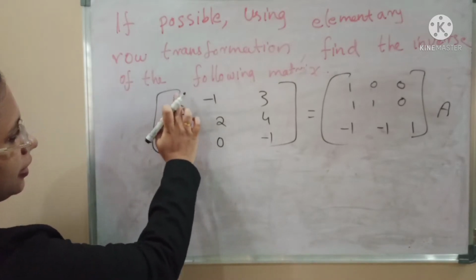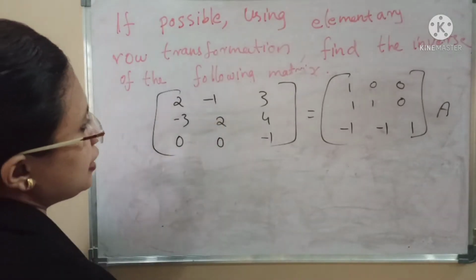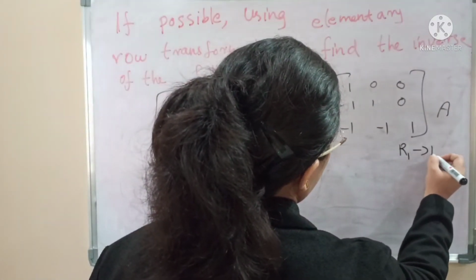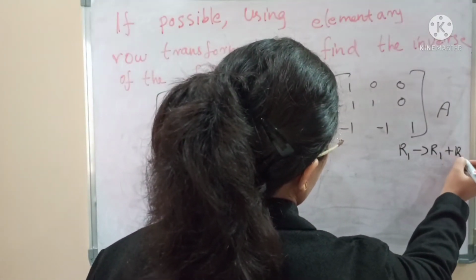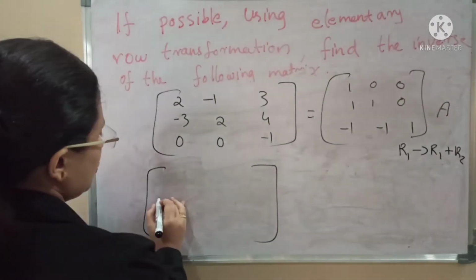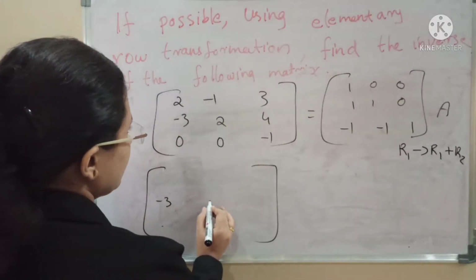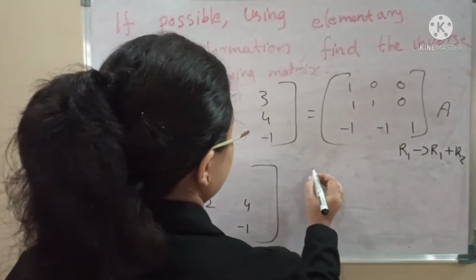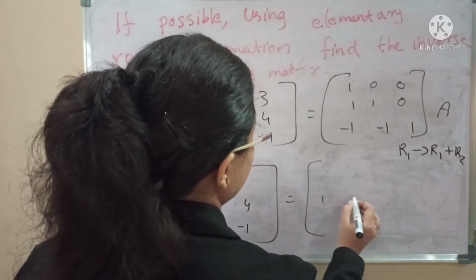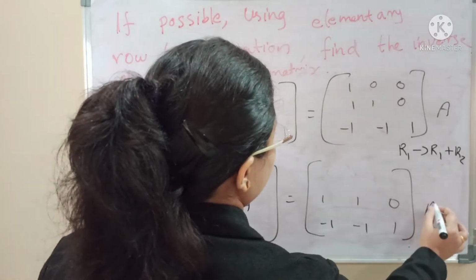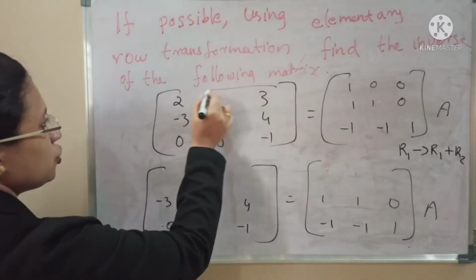If we add these two, we will get 1. So our next transformation is R1 to R1 plus R2. R2 and R3 will be the same, and this row will change.